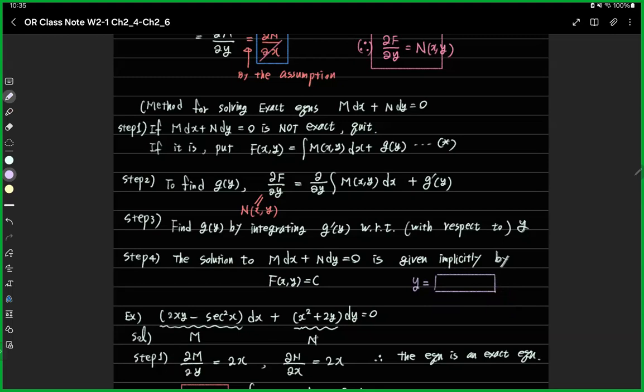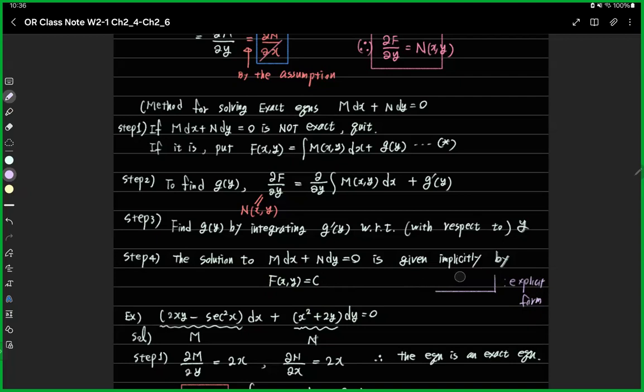If the unknown function y can be expressed in terms of the independent variable, that is explicit. If you cannot isolate y, then that's going to be implicit. So we cannot isolate y normally in the solution to an exact equation.